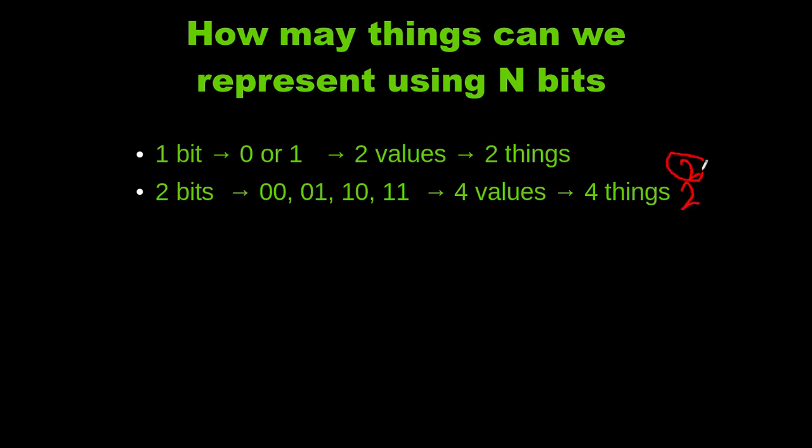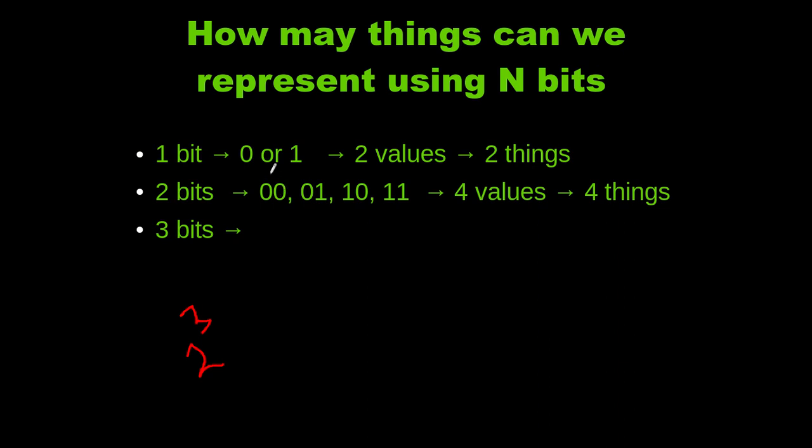This is the number of bits. Why did I use 2? This is the base 2. 3 bits, how many things can I represent from the equation? I'm using base 2 and I have 3 bits, so I can represent 2 to the power 3 values, which is 8, which is actually from 0 to 7.